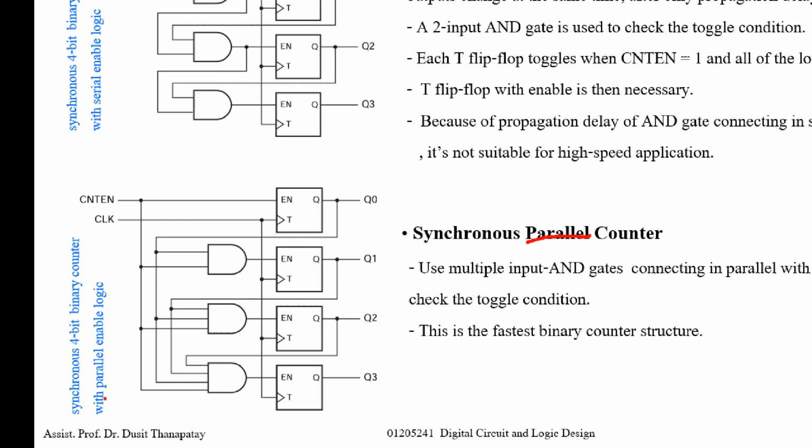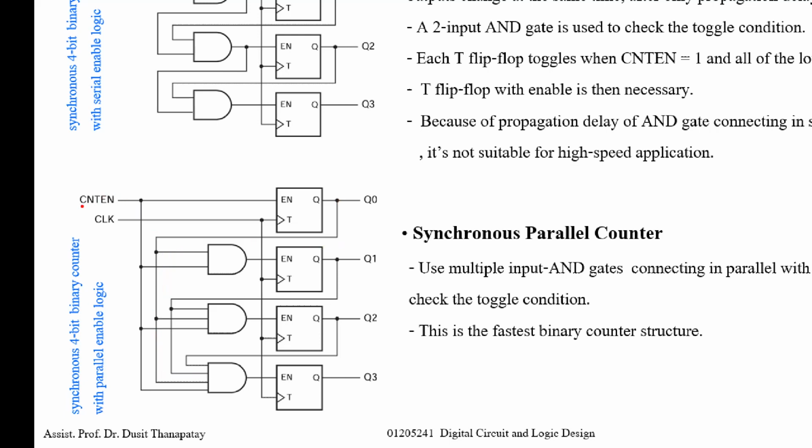For this one, we use a T flip-flop with enable. Namely, toggle will occur when the enable signal is 1, right? And this output will be 1 because of the AND gate, when the inputs are 1 1 1. It's from Q2, Q1, and Q0.